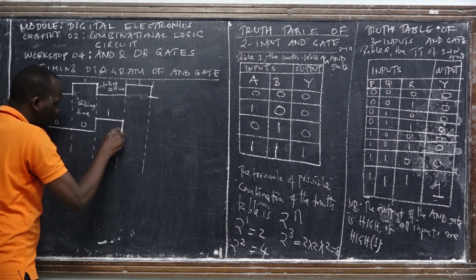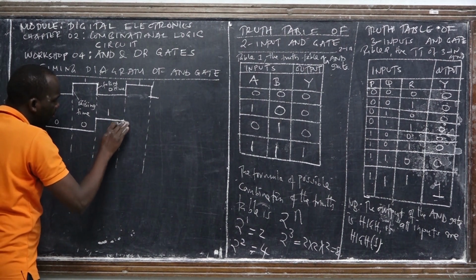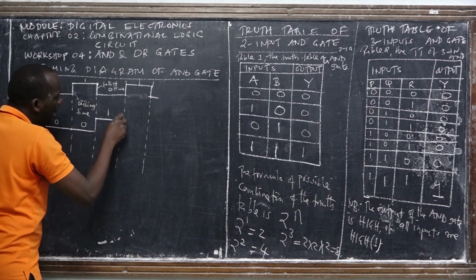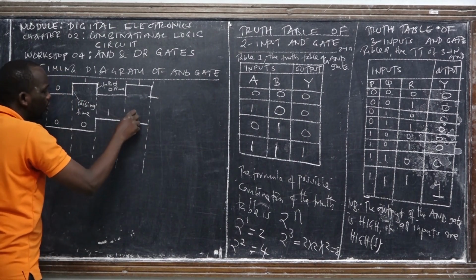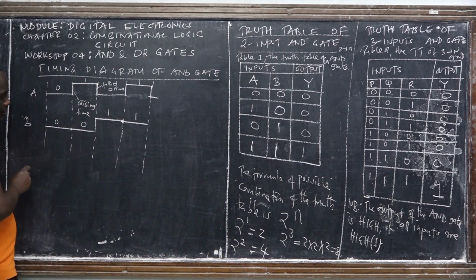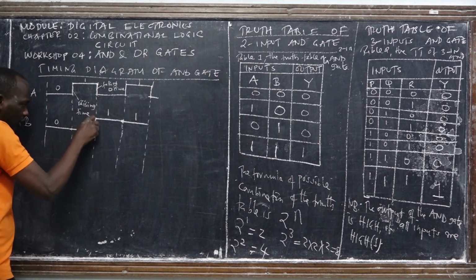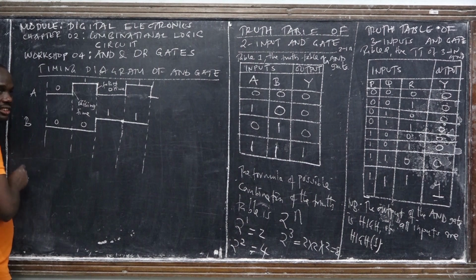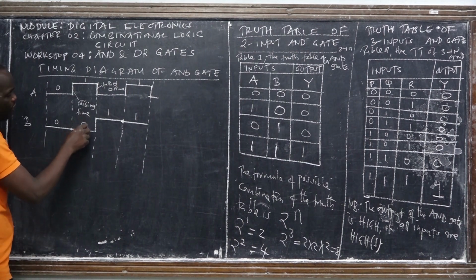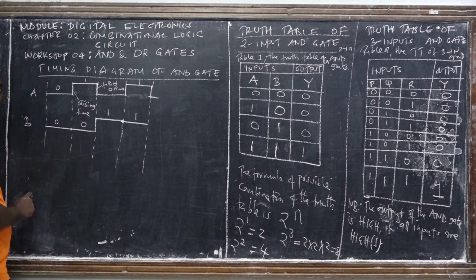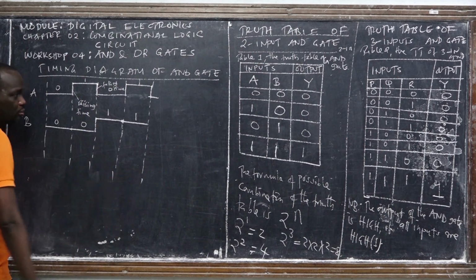Then the next bit is what? Still 1. So 1, 1. For this case, we have only rising. The bit rose from 0 to 1, or from the low state to the high state. Are we together?